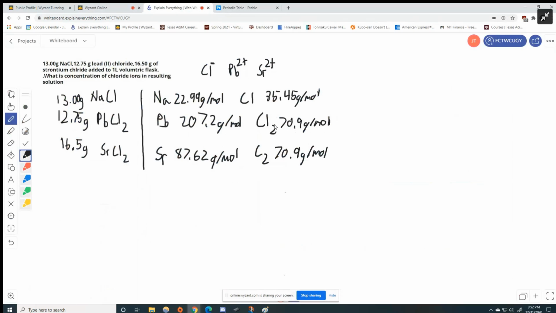grams per mole. Okay, so how do we figure out the concentration of only chloride? First of all, let's find the moles of each of these compounds first. To do that, we just add these two numbers together for all of them.